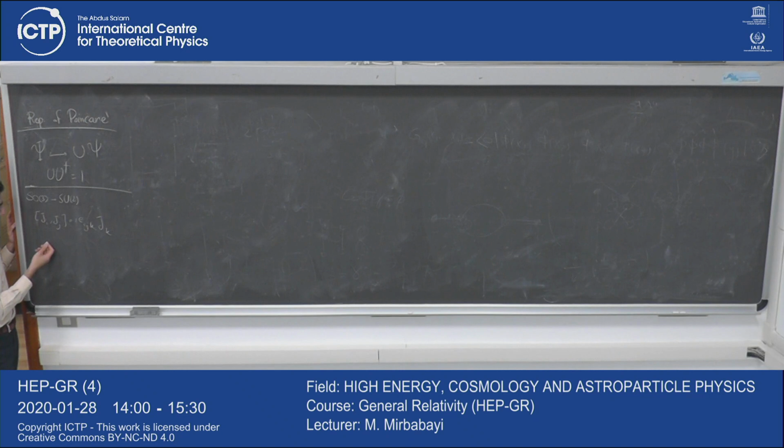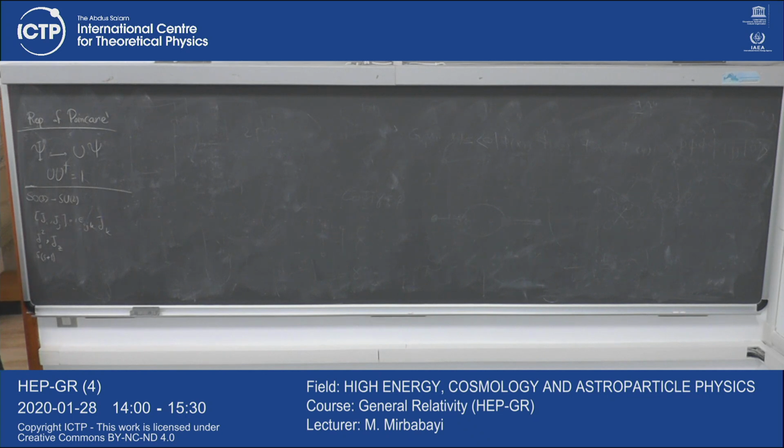This is identified by eigenstates. When we find the representations, they are characterized by the eigenvalues of J squared and, for instance, J_z. The eigenvalue of J squared is S times S plus 1.